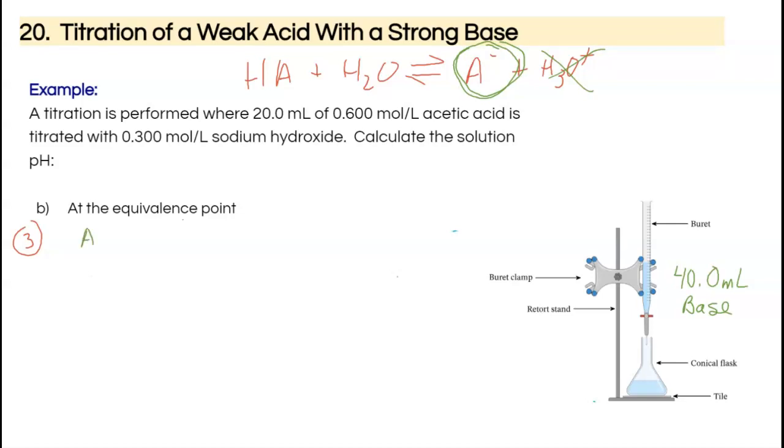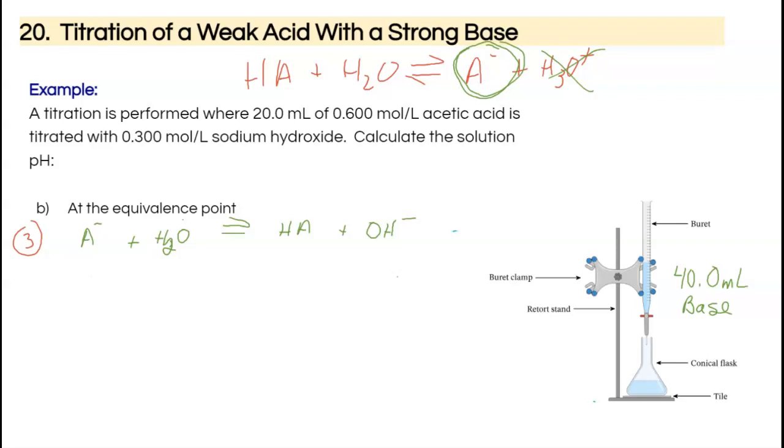So I'm going to write out this hydrolysis. I've got my conjugate base plus water reacting, and if it's a base, remember bases are proton acceptors, so it's going to form HA, and my water is going to act as the proton donor, as the acid, and as a result, hydroxide ions are going to form.